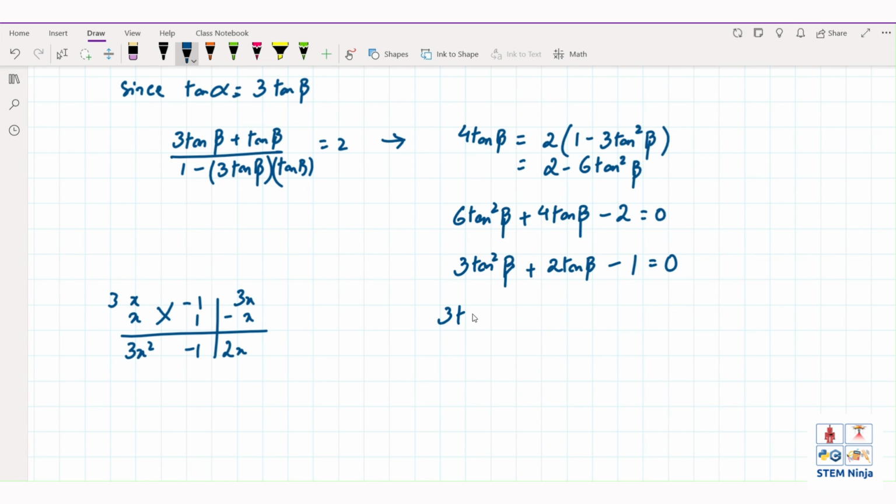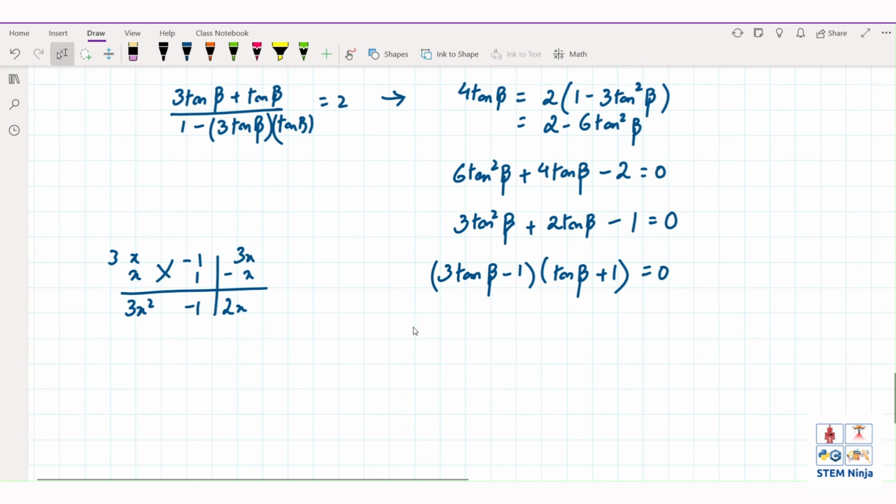So we have 3 tan beta minus 1 and tan beta plus 1 equal to 0. So this means that either tan beta is 1 over 3 or tan beta is minus 1.